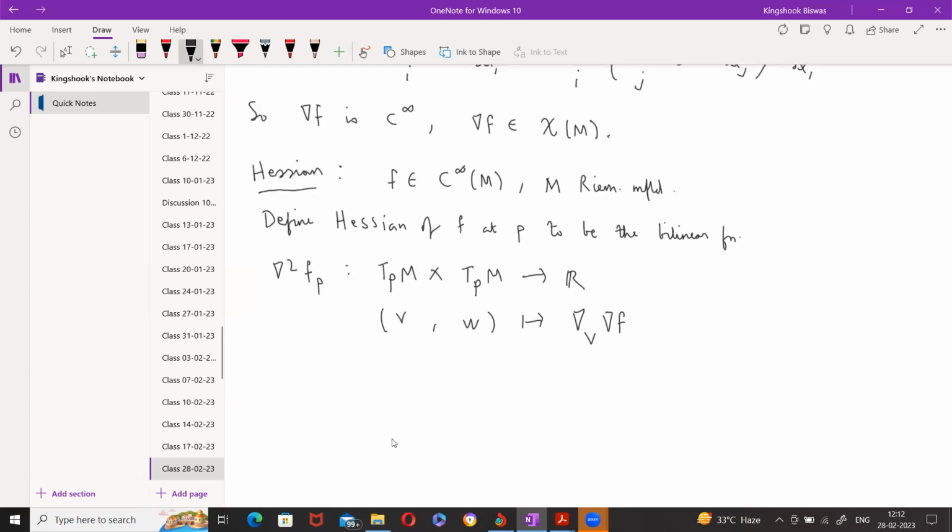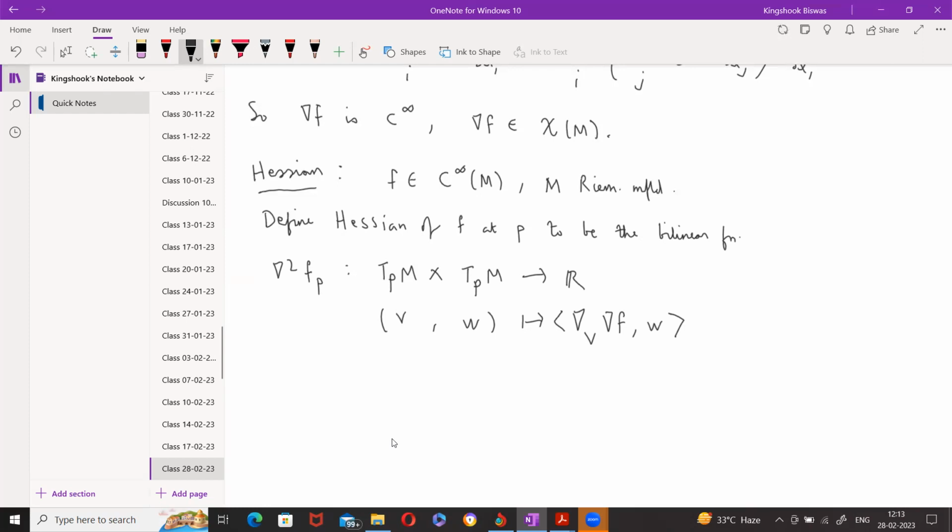So nabla_X Y only depends on the value of X at the point p. So I look at nabla_v of grad f, then take the inner product of this with w. This will be bilinear in v and w. So this is defined to be the Hessian of f.